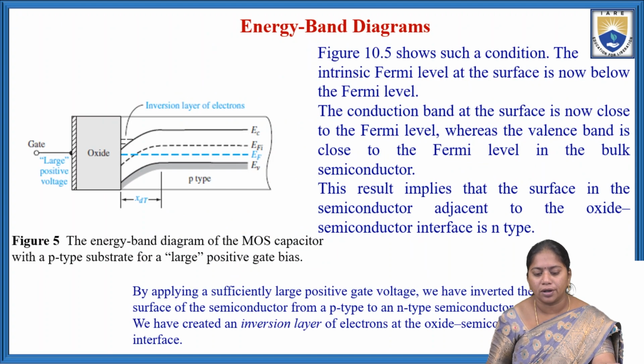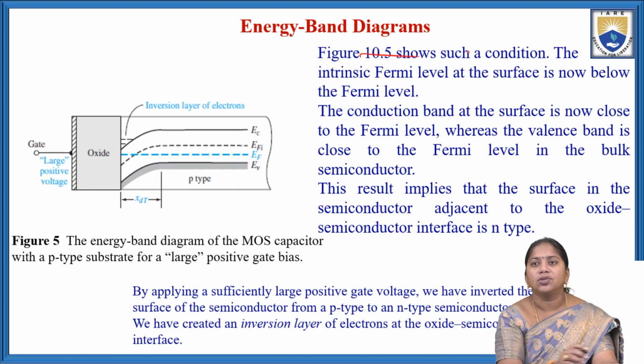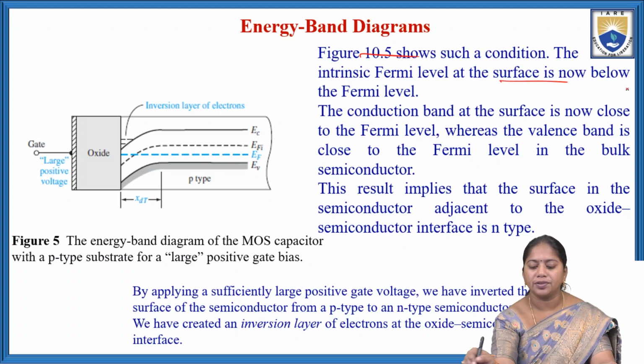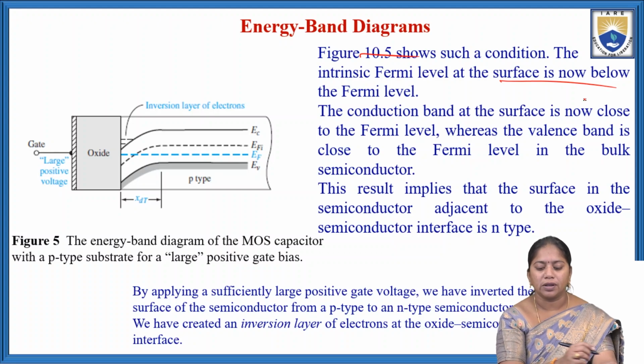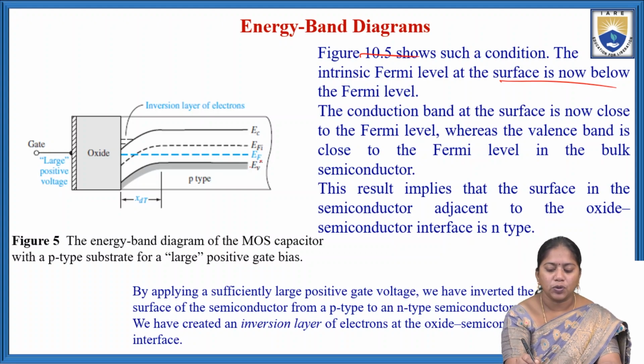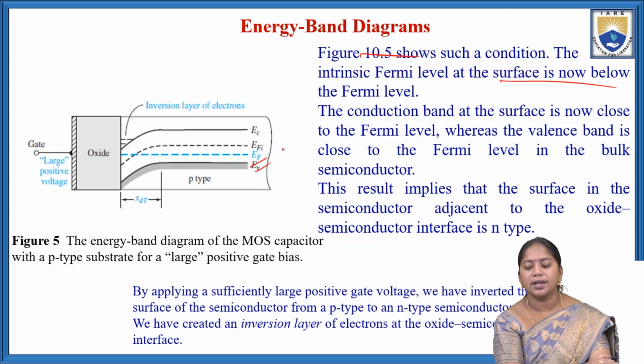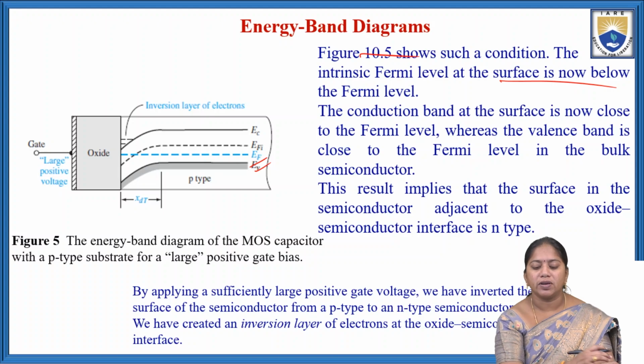The figure shows such a condition. The intrinsic Fermi level at the surface is now below the Fermi level. The conduction band at the surface is now closer to the Fermi level, whereas the valence band is close to the Fermi level in the bulk semiconductor. This result implies that the surface of the semiconductor adjacent to the oxide-semiconductor interface is n-type.